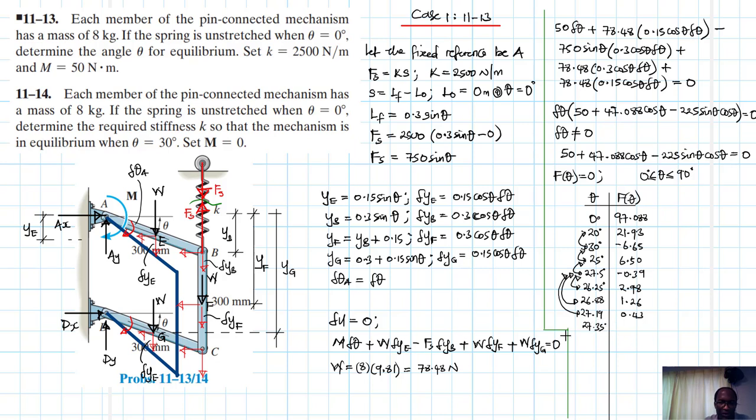So 50 plus 47.088 cos 27.35 minus 225 cos 27.35 sine 27.35. So this one gives us a 0.008, okay, which is a good error. Okay, this one is a good error.